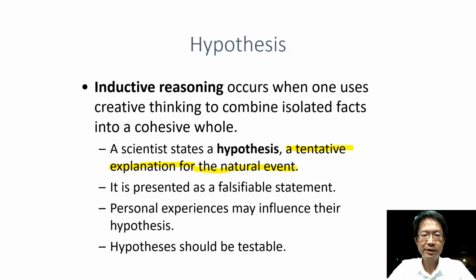So after we see something interesting, for example, that after raining, earthworms show up on the curbside, then we can form a hypothesis to try to explain that. Tentative means we're just trying to explain it. The hypothesis can be wrong, but it doesn't matter whether the hypothesis is true or not, because we're going to use experiments to test it.